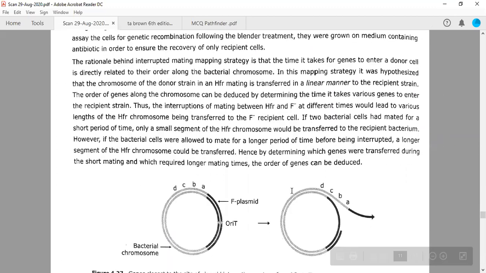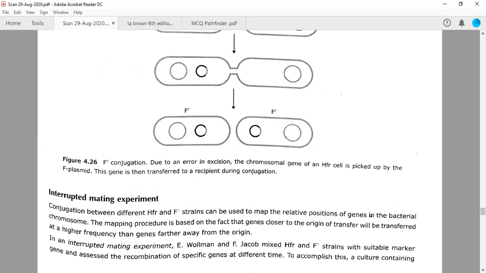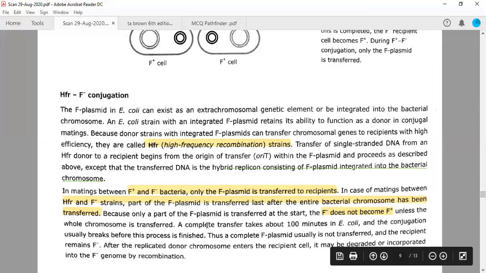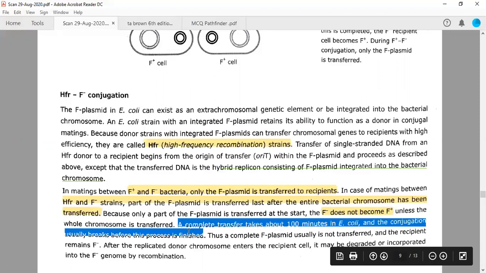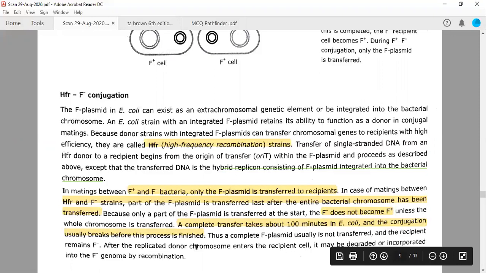So suppose this portion is able to transfer only after 100 minutes. A complete transfer takes about 100 minutes in E. coli, and the conjugation usually breaks before this process is finished. As I told you, there are many disturbances in the environment and the conjugal transfer is broken.